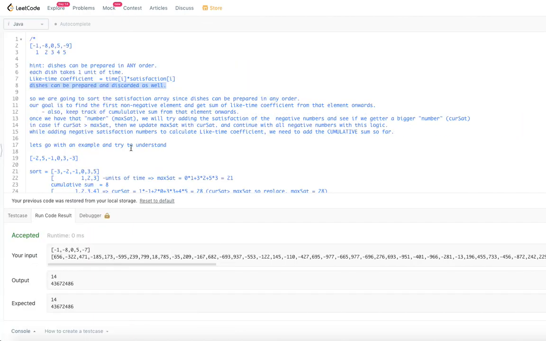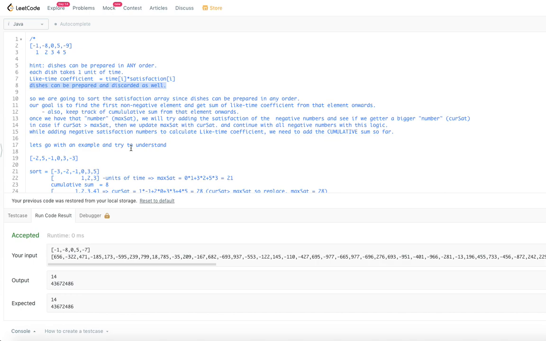Yeah, now, we are going to sort first and then try to find the first non-negative element. From then, calculate the cumulative sum of the lifetime coefficient. But we don't return right then and there, because we are allowed to discard the prepared dishes as well. So what if I discard the prepared dish and get a total lifetime coefficient more than the existing, right?